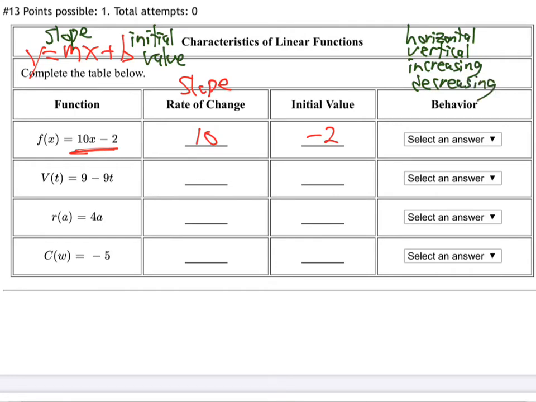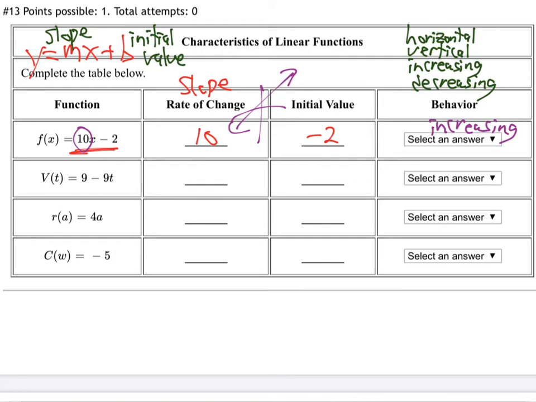Those are the options on the behavior bar over there. So what do you think? Is a graph with a slope of positive 10 increasing, decreasing? It's going up, isn't it? Positive slope's going up. It would be a graph that would look like this. It would be going up. So it's increasing. As you go to the right, it goes up.